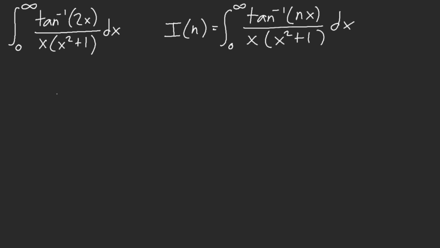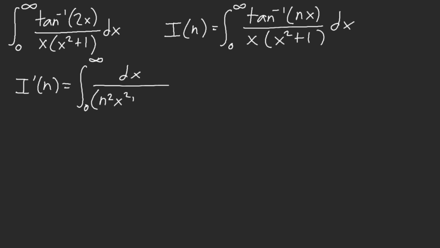All right, cool. I like that idea. So you try differentiating it, and you end up with something like this, dx, and that x cancels out when you differentiate. So you should get something like n squared x squared plus 1, times x squared plus 1.